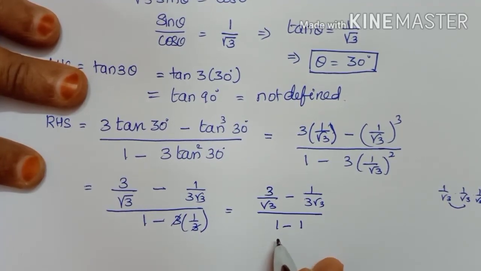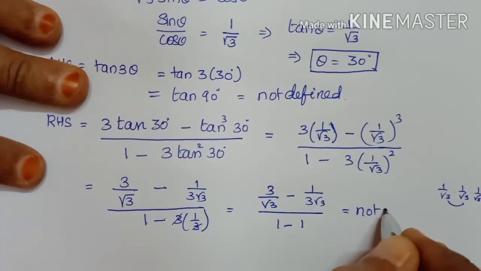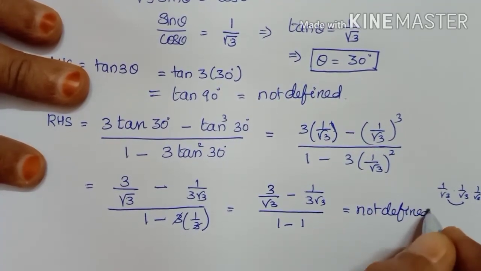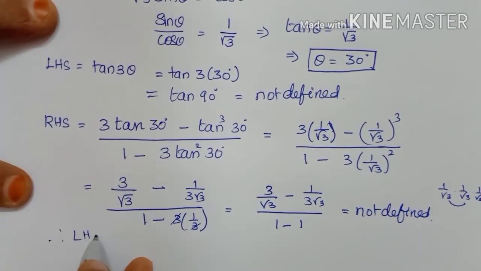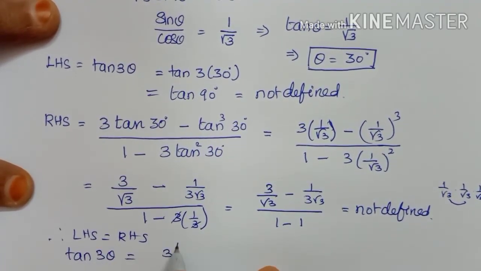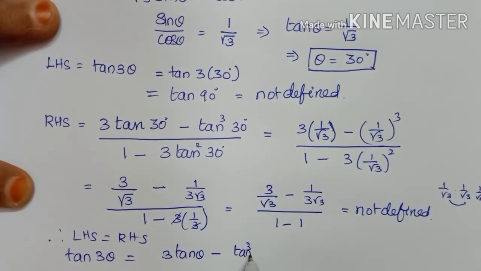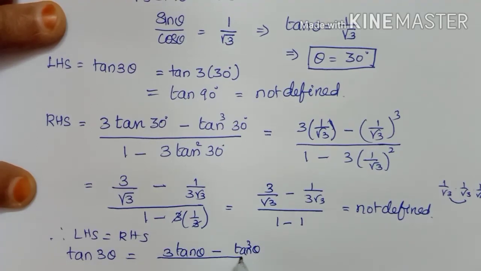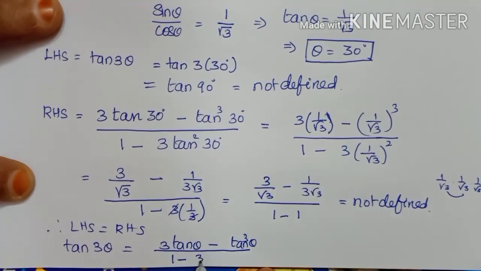So the denominator is 0, which means that is also not defined. Now you got both not defined. So from this we can say that, therefore, LHS is equal to RHS. As the question says, tan 3 theta is equal to 3 tan theta minus tan cube theta divided by 1 minus 3 tan squared theta.